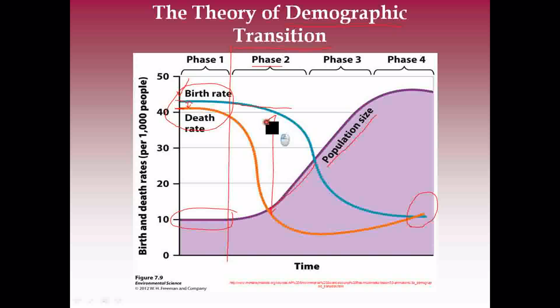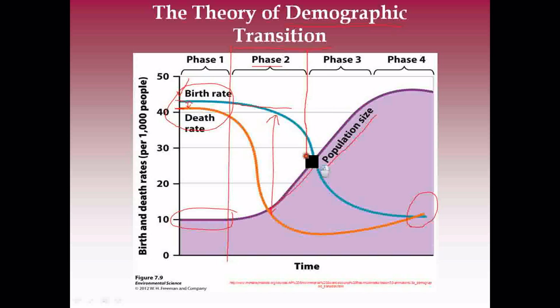Now, you need to remember this also. After the death rate goes down, primarily because of better health care, we do begin to see a decline in the birth rate. And this usually happens because we start to get females in the workplace.